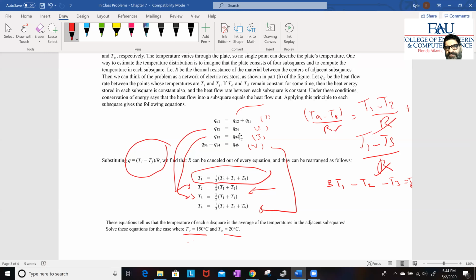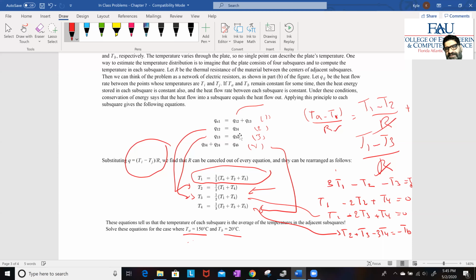The second equation will be T1 minus 2T2 plus T4 equals 0. The third equation becomes T1 minus 2T3 plus T4 is equal to 0. And the fourth equation will become T2 plus T3 minus 3T4 equal to minus TB.